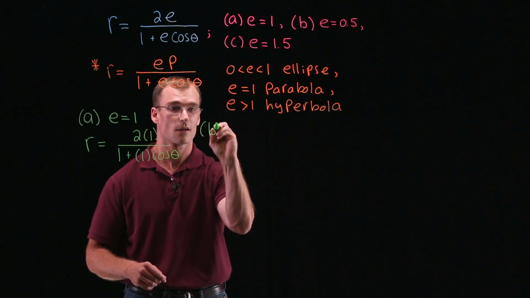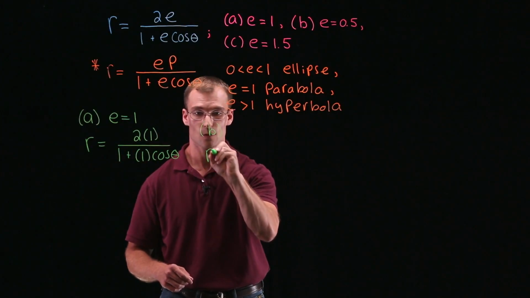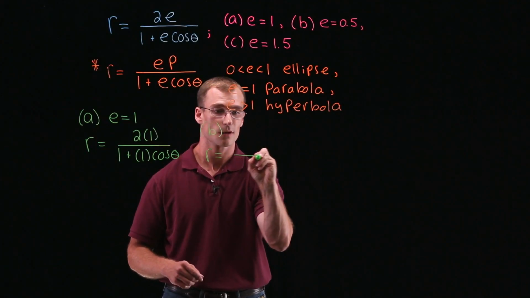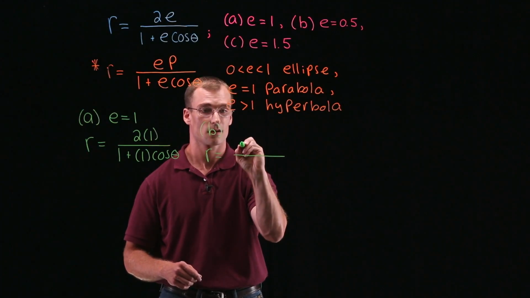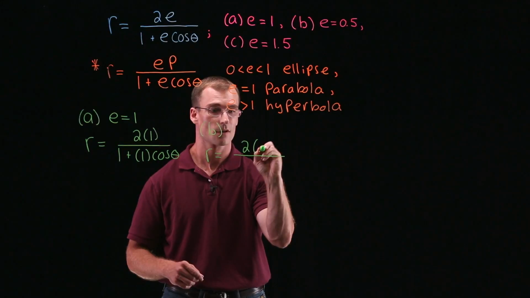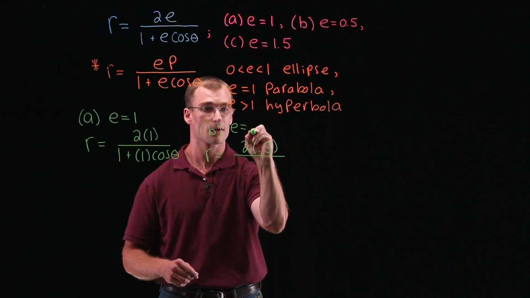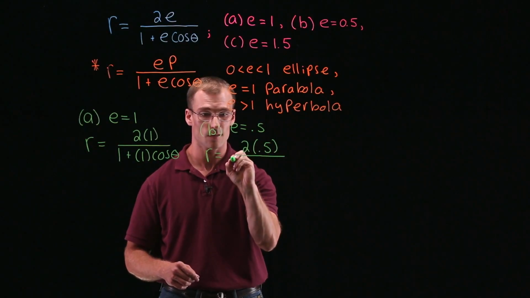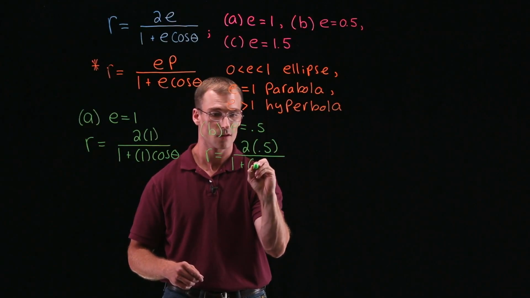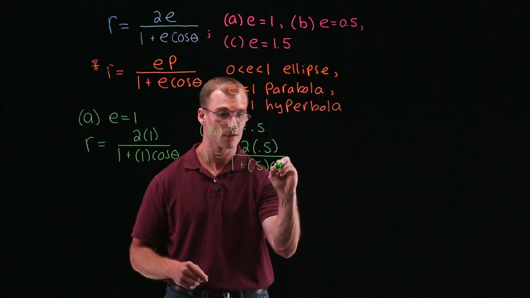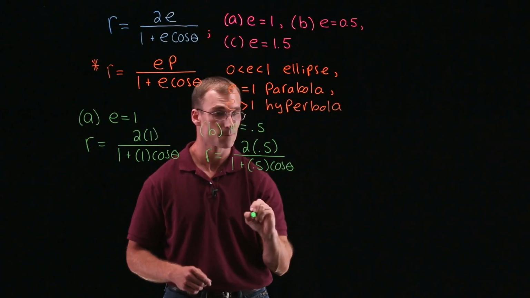For B, r is equal to 2 times 0.5, where e here is 0.5, divided by 1 plus 0.5 times cosine theta.